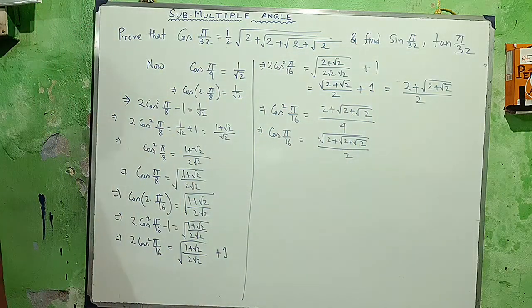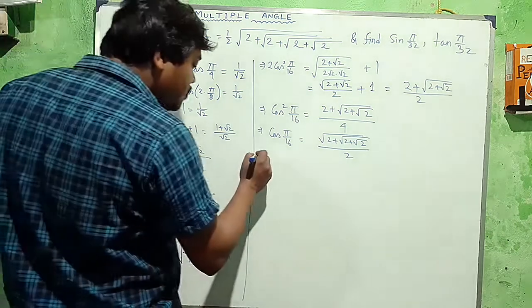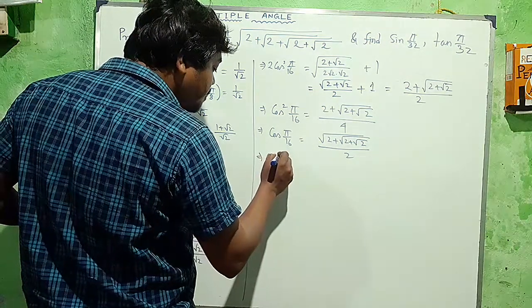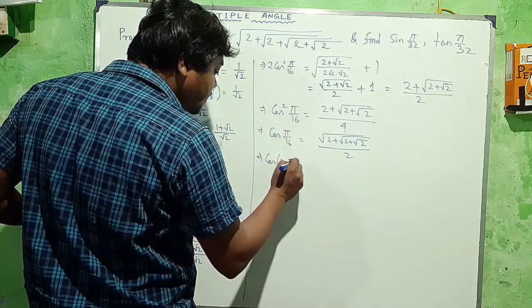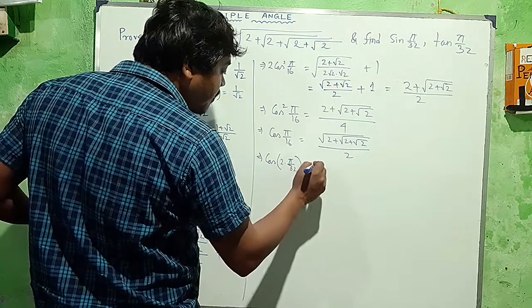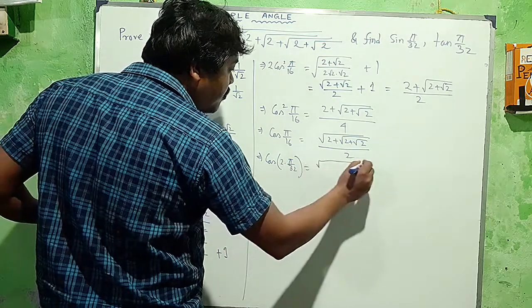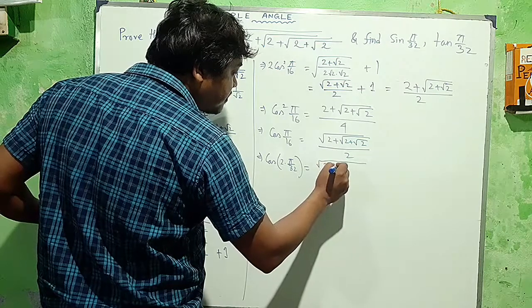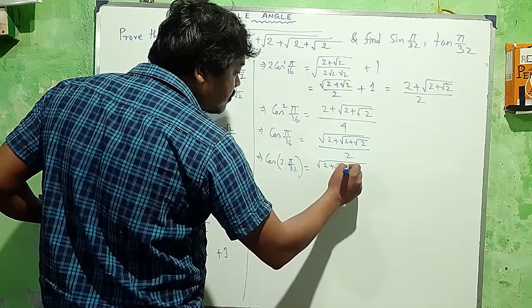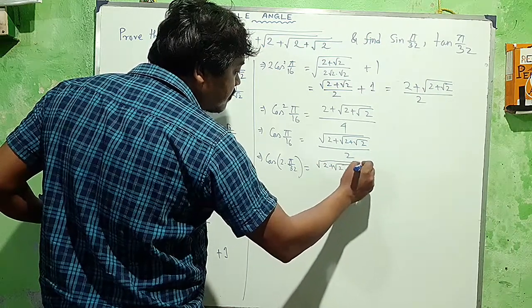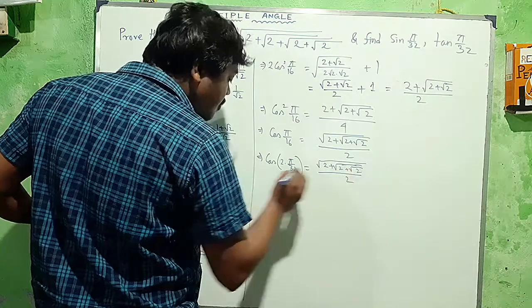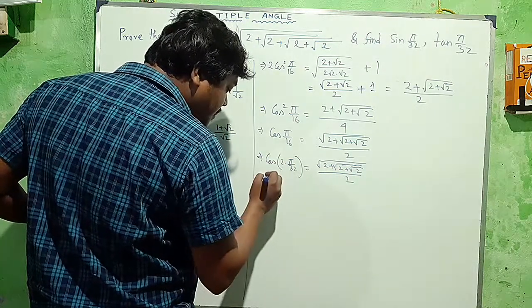Right? So similarly, cos pi by 16 you can write as cosine 2 into pi by 32. So we are going to our desired result, root 2 by 2. So in similar fashion, 2 cos square theta minus 1.